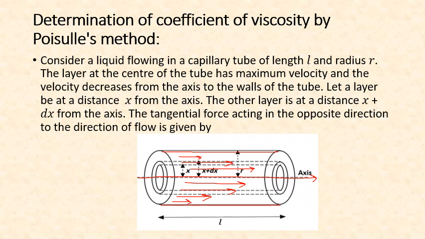So the layer at the central axis of the capillary tube will have the maximum velocity, and as we move away from the central axis, the velocity goes on decreasing.